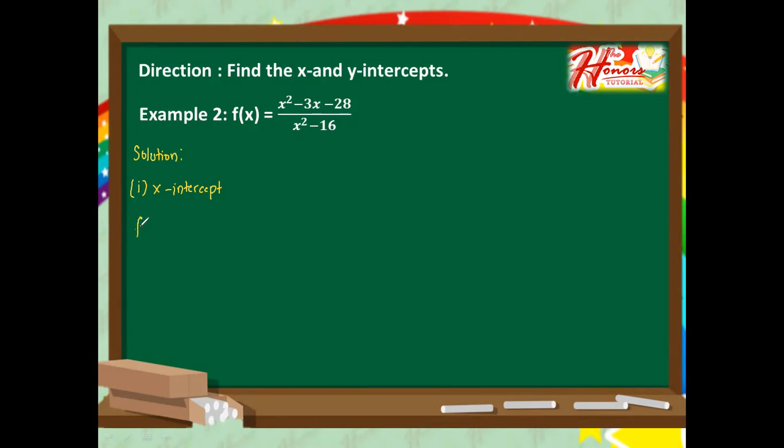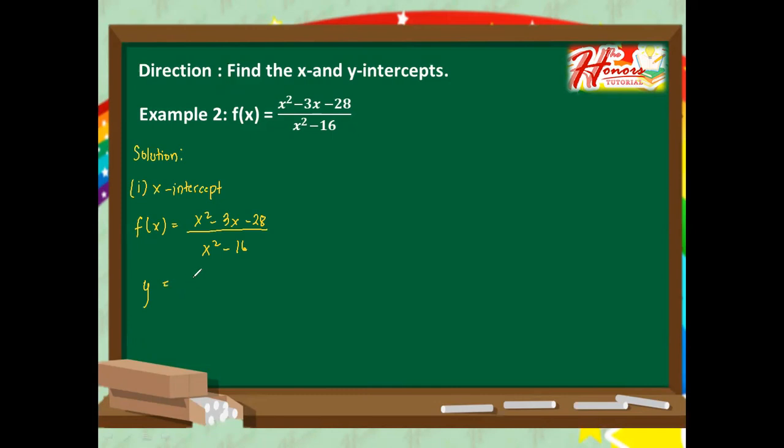So let's copy first the given, and that is f of x is equal to x squared minus 3x minus 28 over x squared minus 16. And then let's change f of x to y.